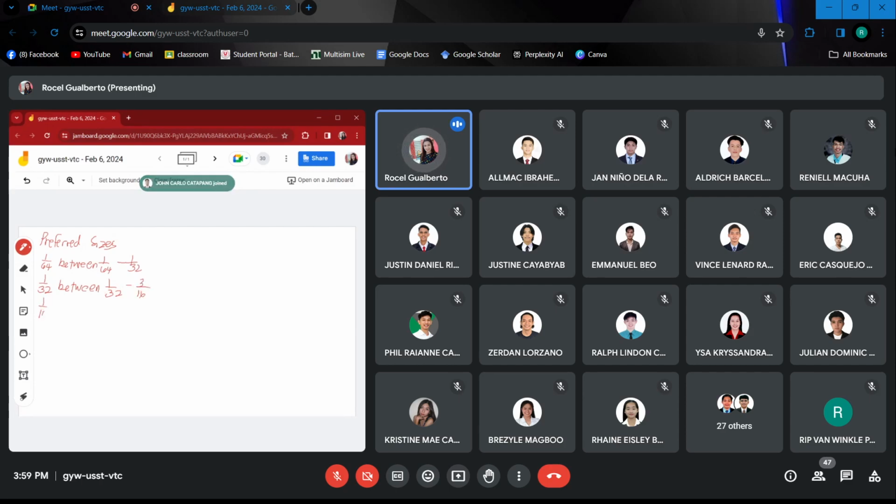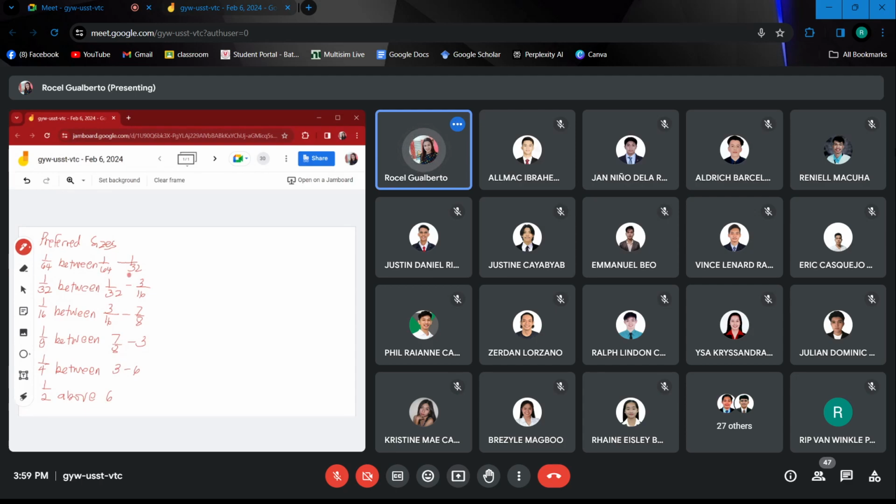And then 1 over 16 between 3 over 16 up to 7 eighths. Okay, 7 eighths. And then we have 1/8 between 7 eighths up to 3. And then we have 1/4 between 3 to 6. And then 1/2 above 6.